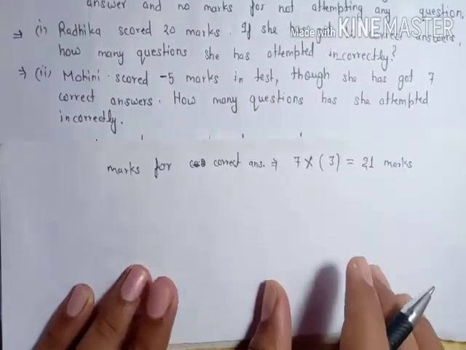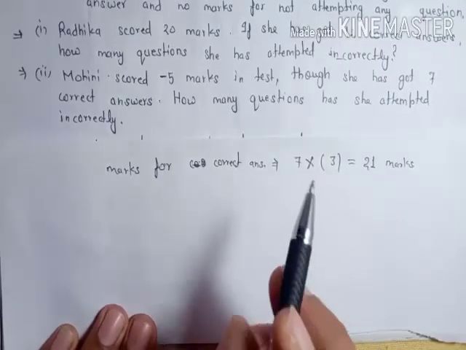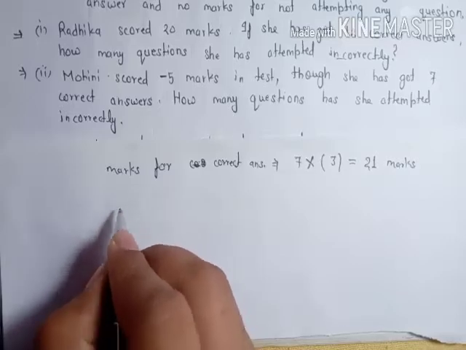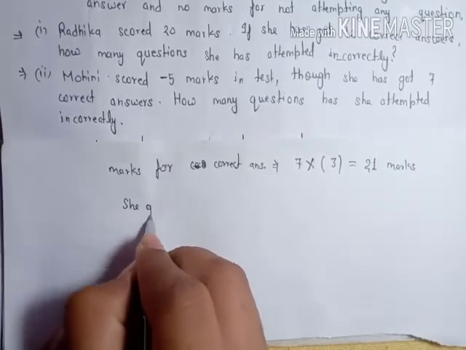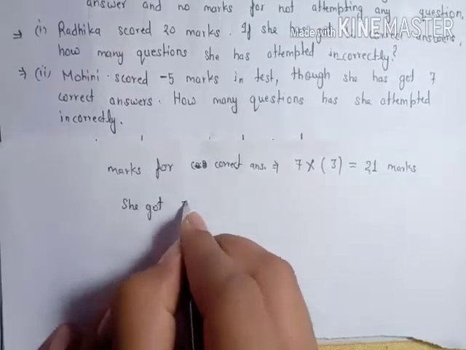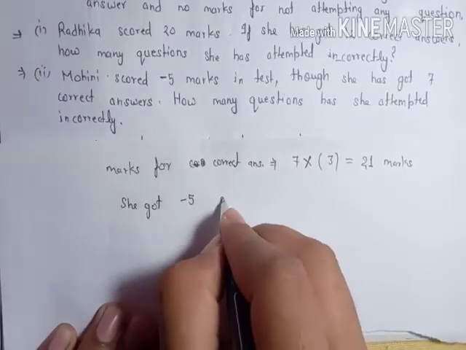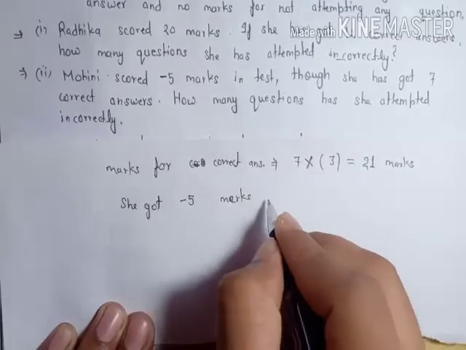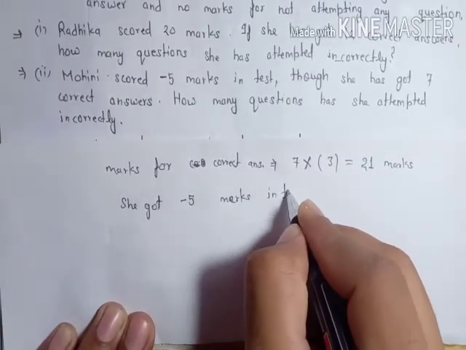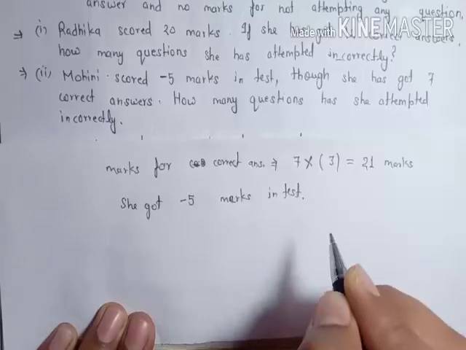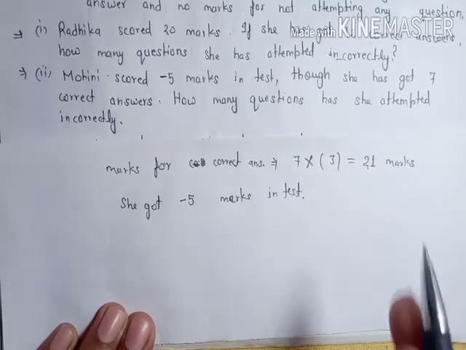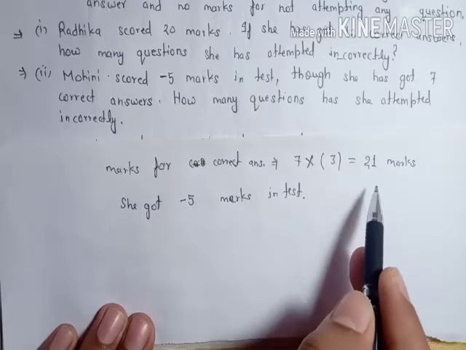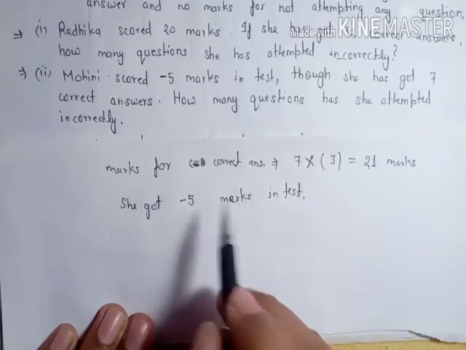And it is said that finally she got minus 5 marks in the test. It means she lost her 21 marks, and besides these 21 marks she lost 5 more marks.